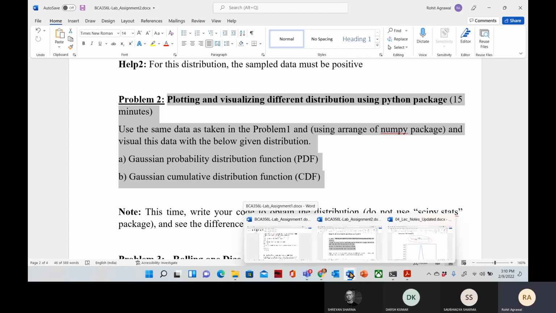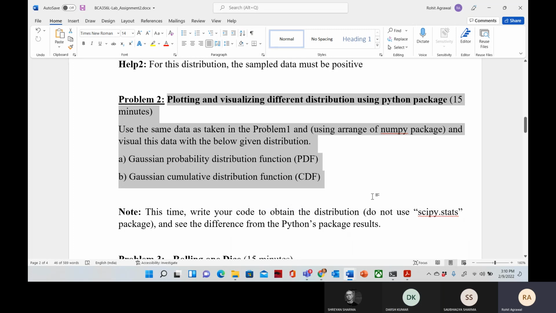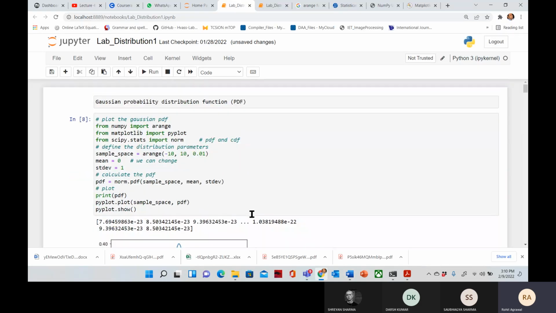We can use the NumPy library for data and the Matplotlib library for graph plotting. But for obtaining the Gaussian probability density function or cumulative density function, we were using this. So we have to use the formula of PDF and CDF.